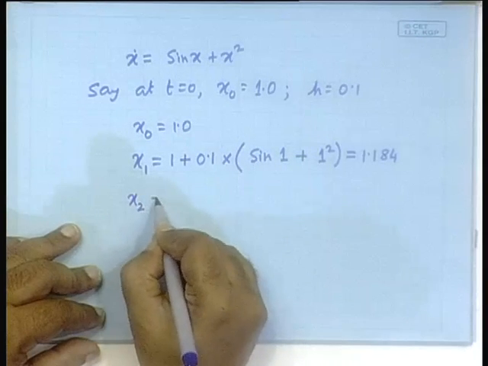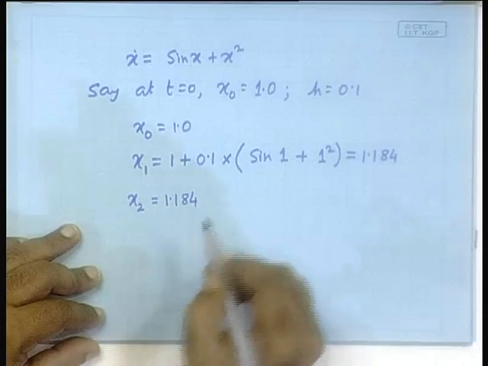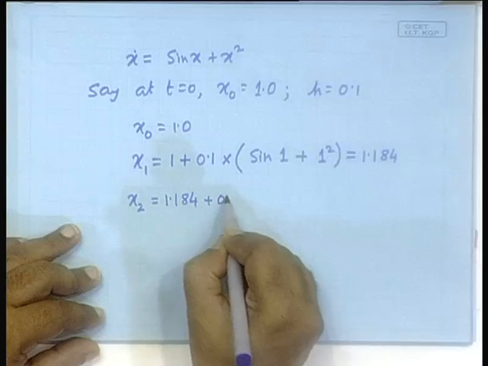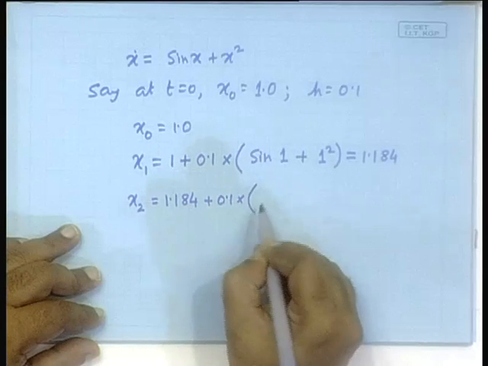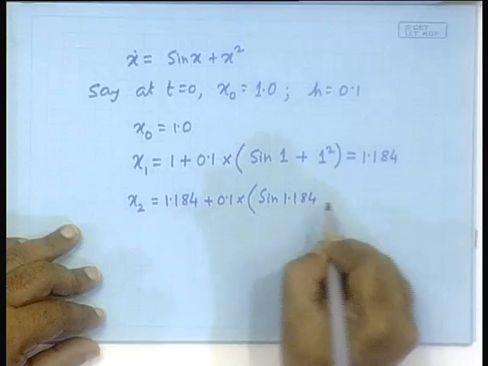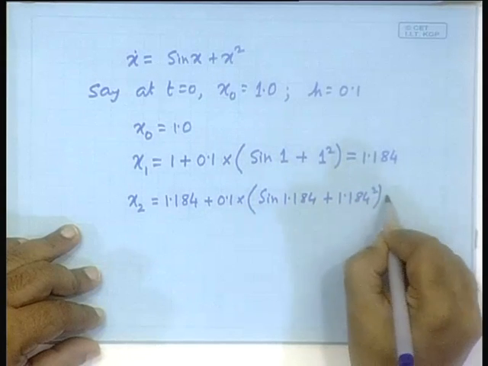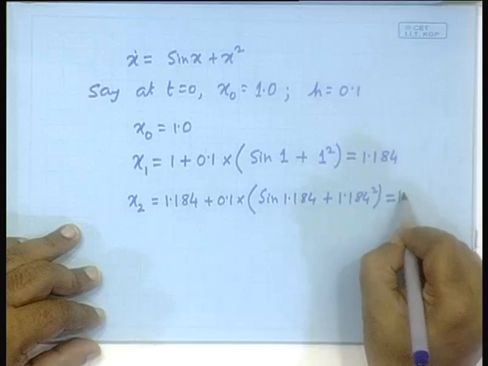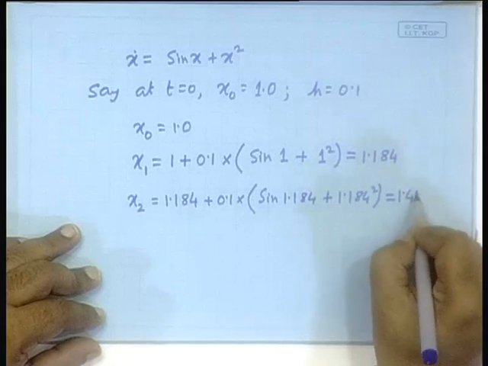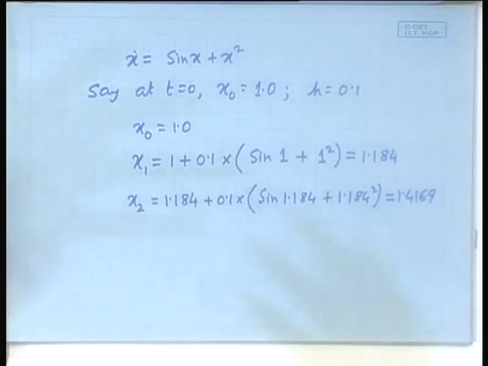X 2 is equal to this plus 1.184 plus 0.1 into sin 1.184 plus 1.184 square is equal to 1.4169, and so on and so forth. You can continue.